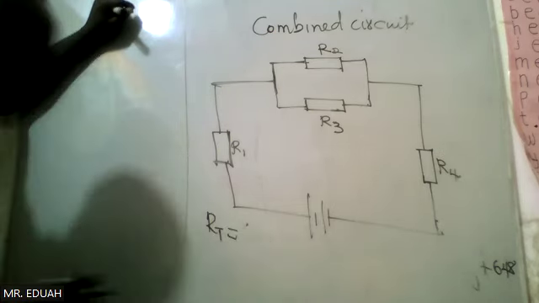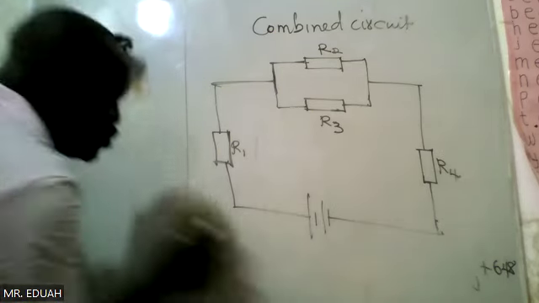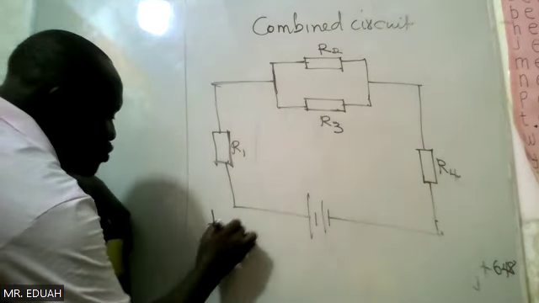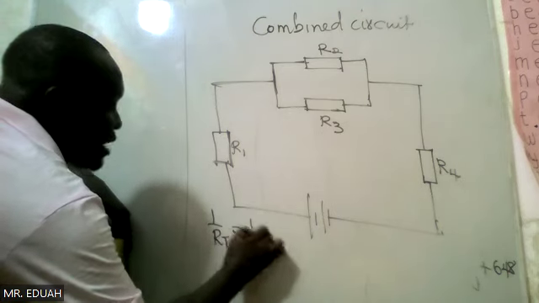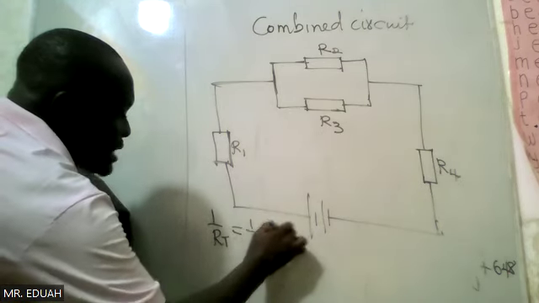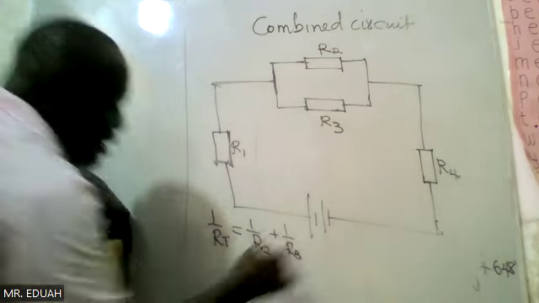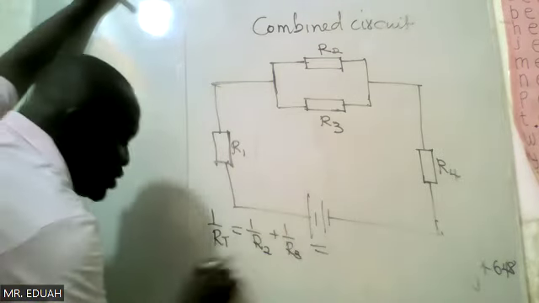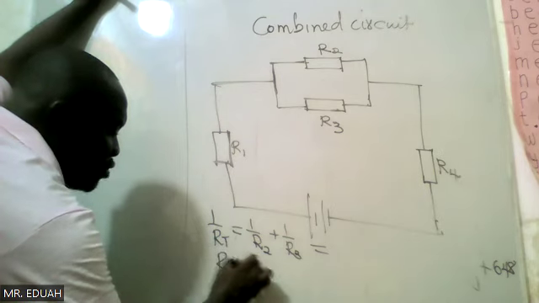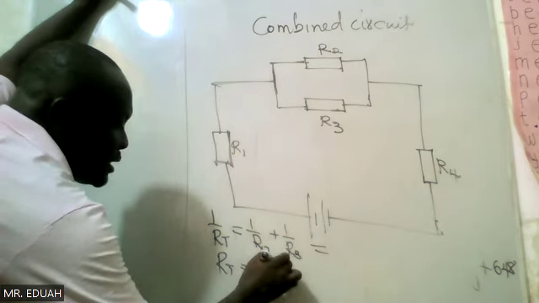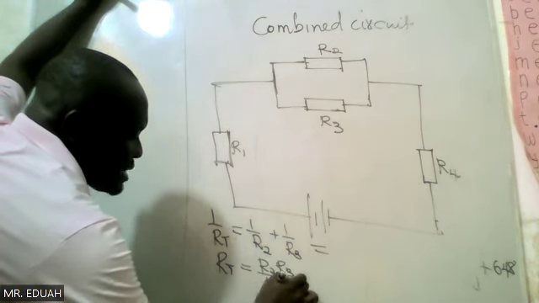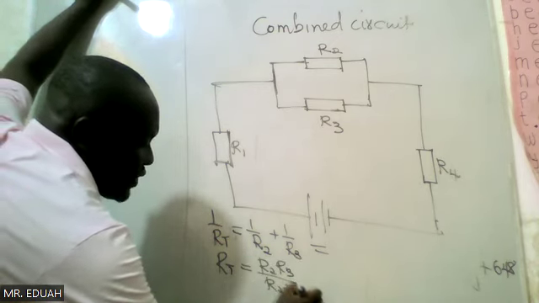Don't forget, when we went through two resistors connected in parallel, the total resistance is 1 over RT equals 1 over R2 plus 1 over R3. When we went through the LCM method, we saw that RT would be equal to R2 times R3 over R2 plus R3.